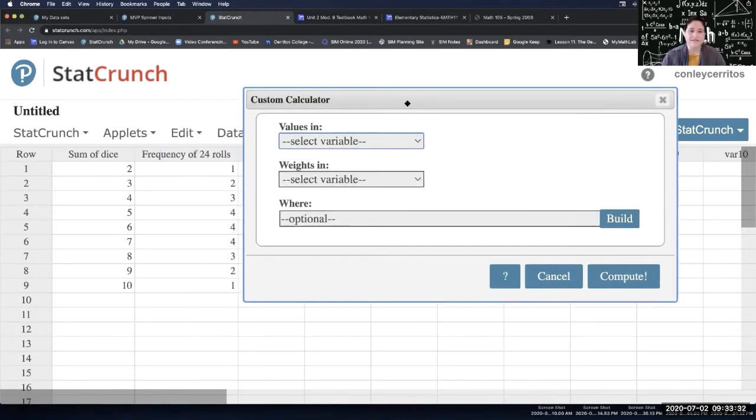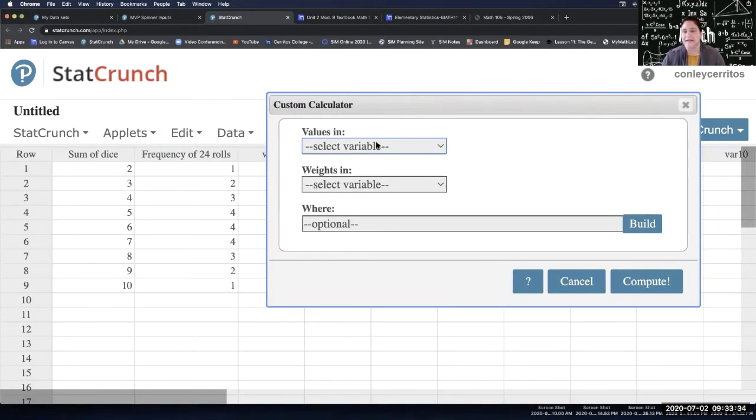For a discrete distribution, you're most likely going to have to use a custom distribution unless it's uniform. My variable is the sum of the dice, so in values I'm going to put sum of dice. And my weights are for if I were to roll 24 times, so I'm going to put frequency of 24 rolls.